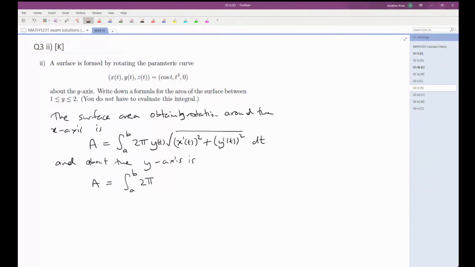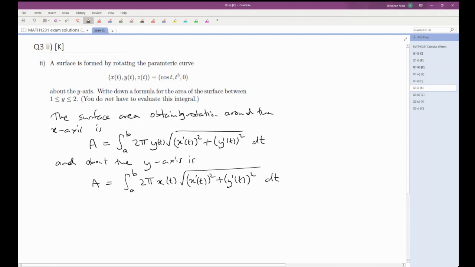Underneath the square root sign, the x's and y's appear the same way: x dashed all squared and y dashed all squared, and if you switch x and y, you get the same thing. So the only thing that changes is that we get an x of t out the front, and then the same inside: x dashed of t all squared plus y dashed of t all squared.